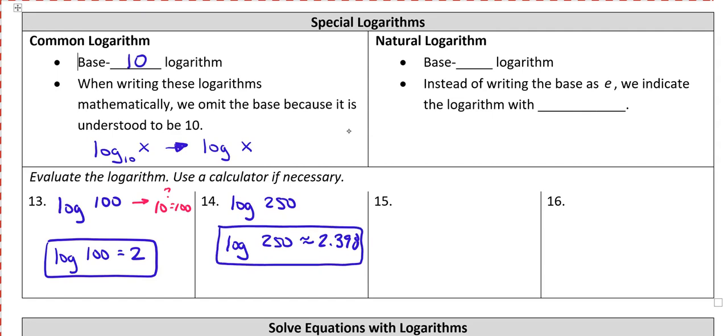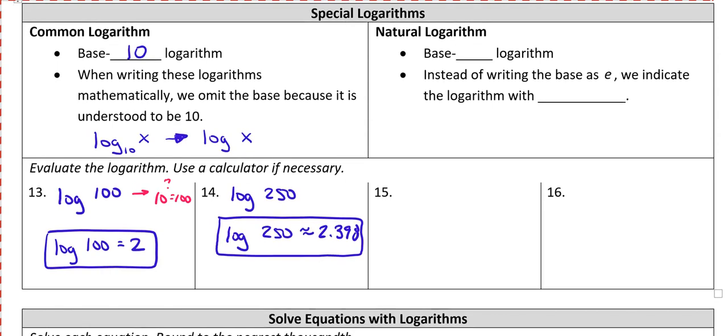Now, our second special logarithm is called the natural logarithm. And this comes from our natural base, which is e. Remember, e is about 2.718. Our natural base e, that number we learned with our interest formulas, is our base e logarithm.